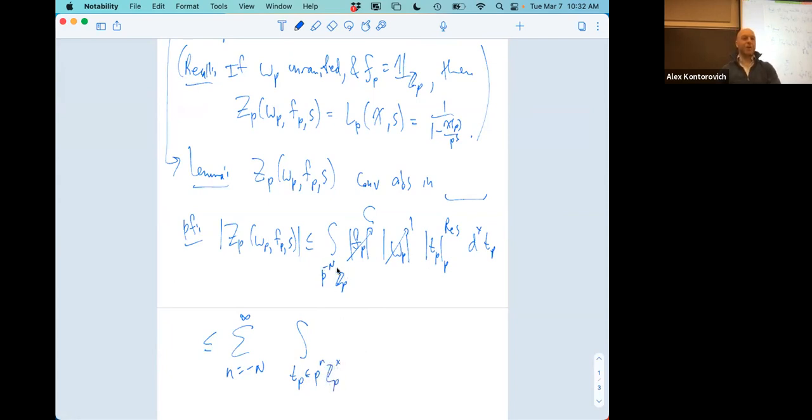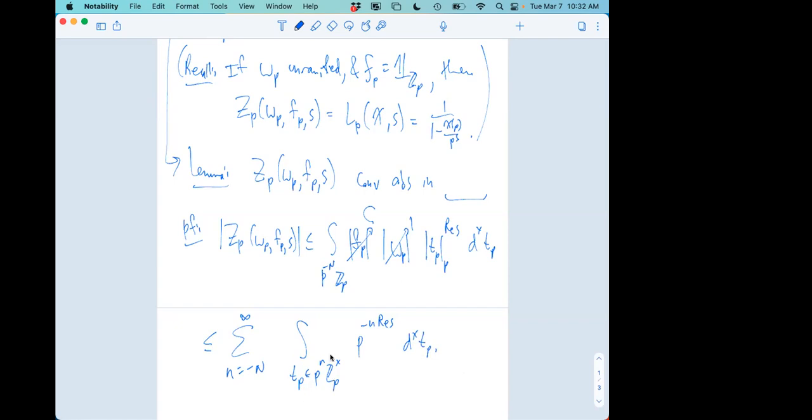In other words, just tell me what the actual absolute value of TP is, and that absolute value is p to the minus n times real part of S, D star TP, with the constant C out front.